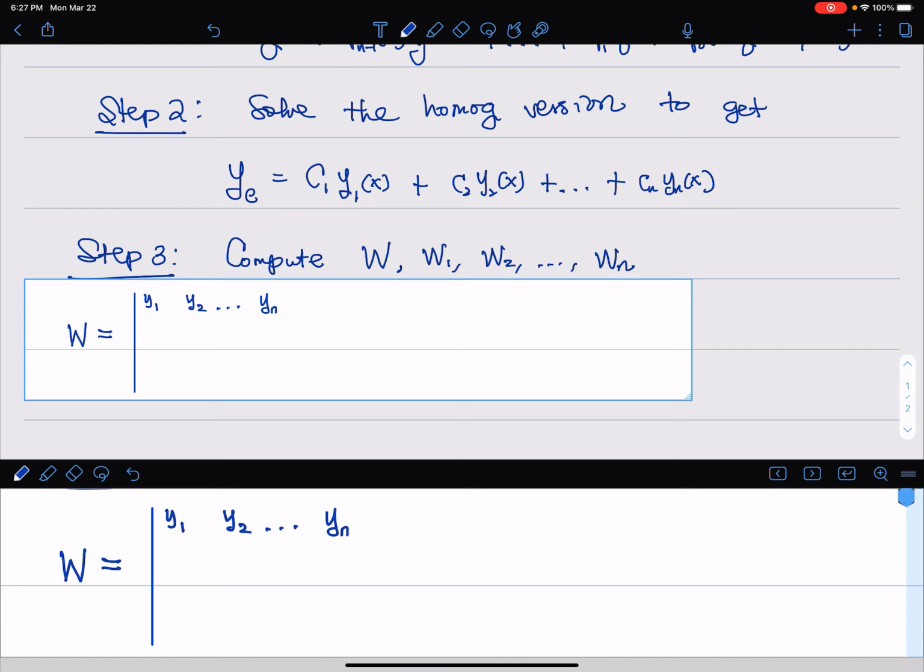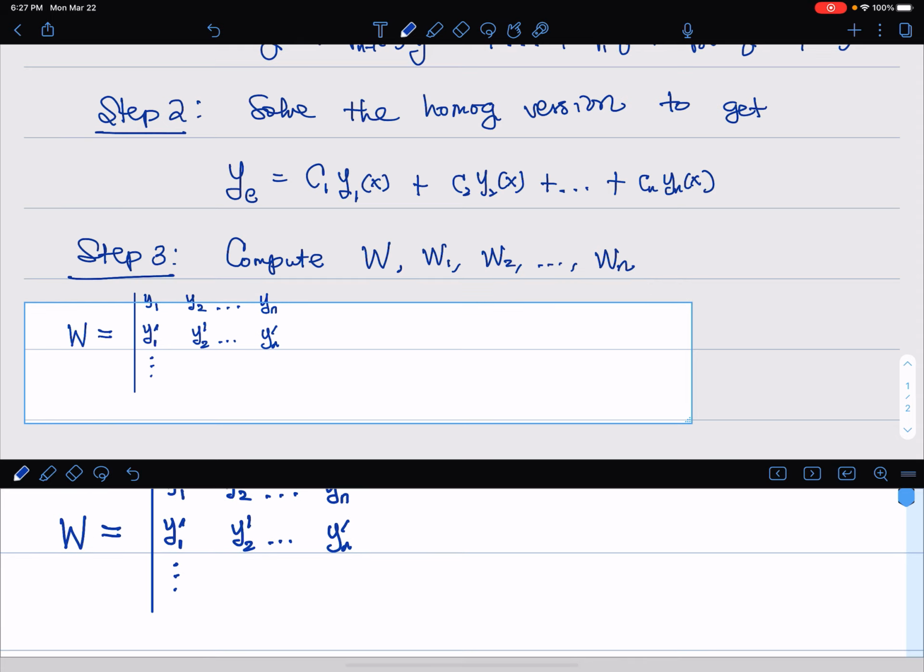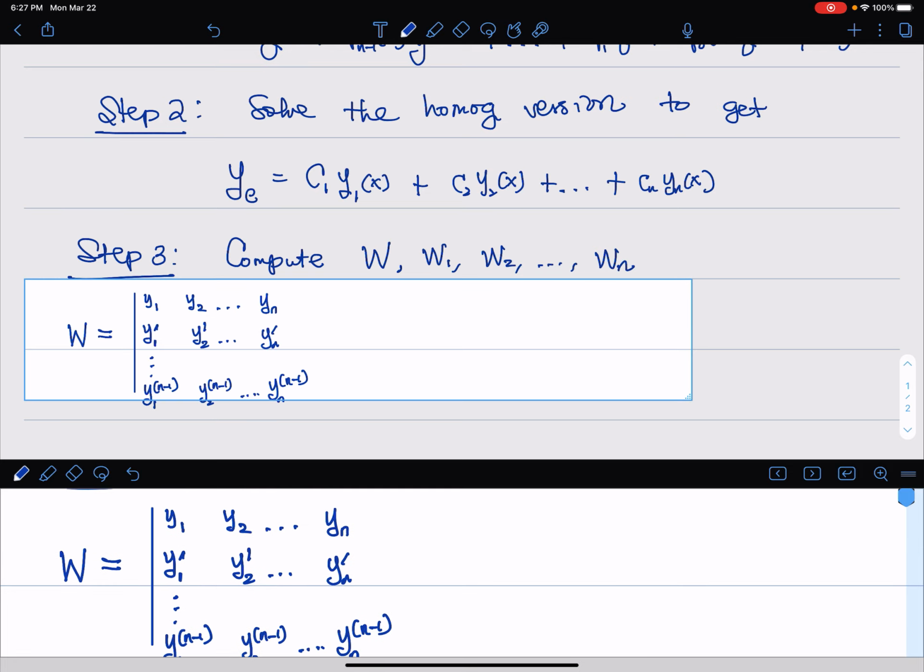Of course, if it's just y1 and y2, then you have a 2 by 2 matrix, and that would be a nice situation. The next row is their derivatives, y1 prime, y2 prime, all the way to yn prime. And then you keep going until the n minus 1 derivative, y1 n minus 1, y2 n minus 1, all the way to yn n minus 1. So that's the definition of W.